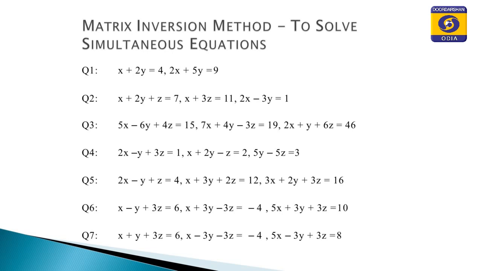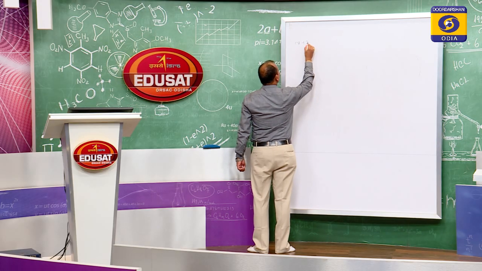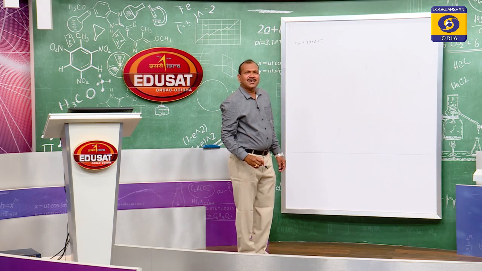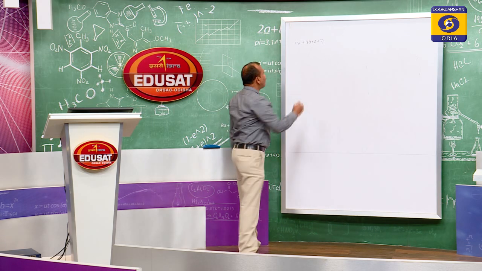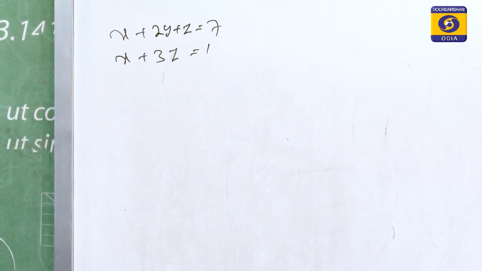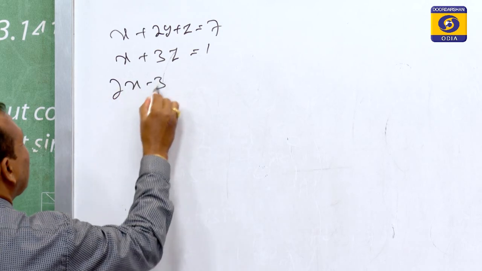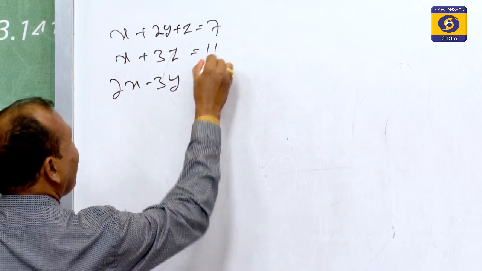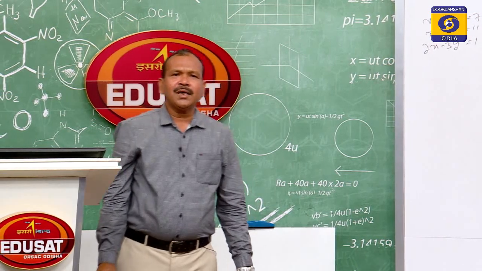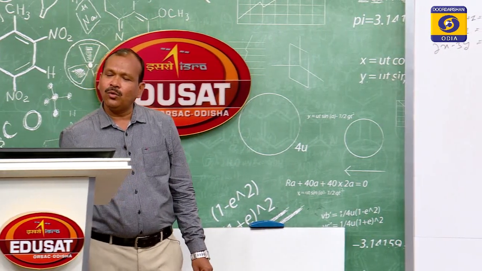Example 2 is given the linear equations: x plus 2y plus z is equal to 7, x plus 3z is equal to 11, and 2x minus 3y is equal to 1.